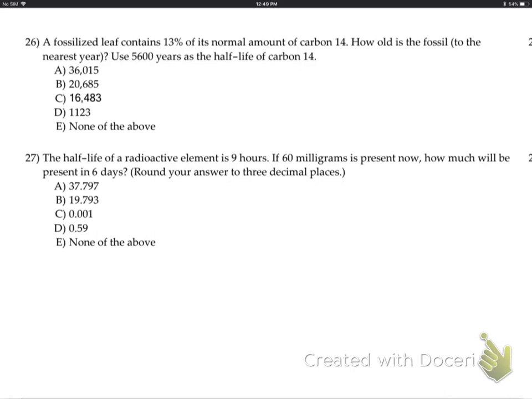So number 26 here. How do we do it? Fossilized leaf, 13%. So, remember the half-life? What did I give you for half-life? It's something 0.5 or something. Yeah, for half-life, I gave you a tip so you don't have to do phase 1.